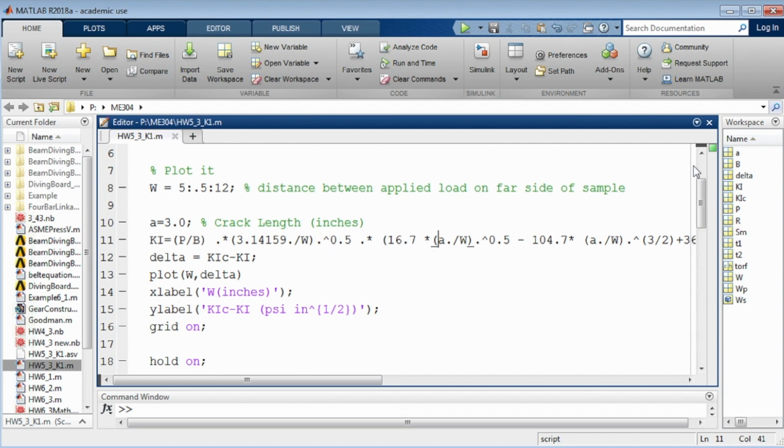Otherwise, MATLAB assumes that you're doing linear algebra type multiplications and typically gives you an error. So when I calculate K1, the next thing that I have is delta.